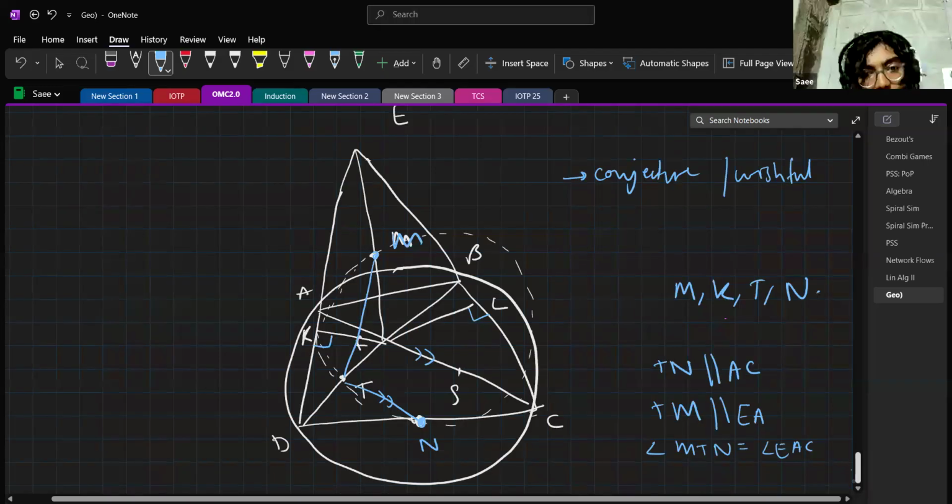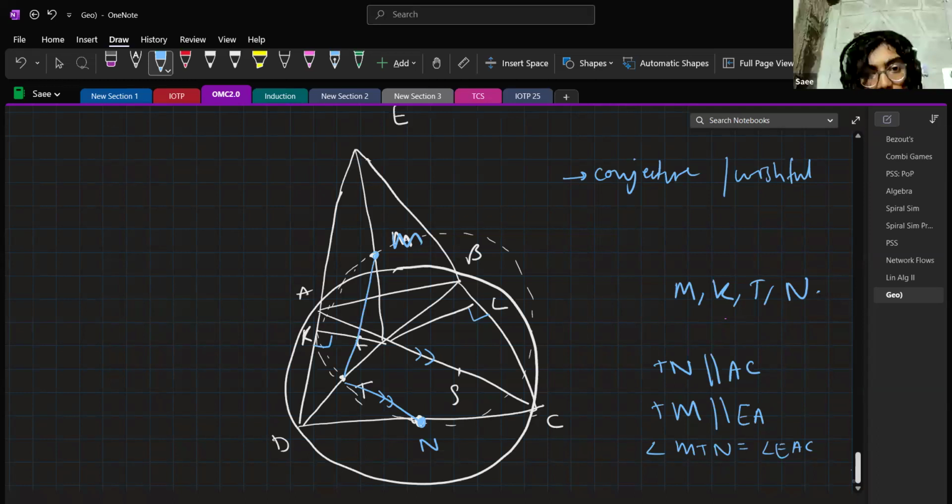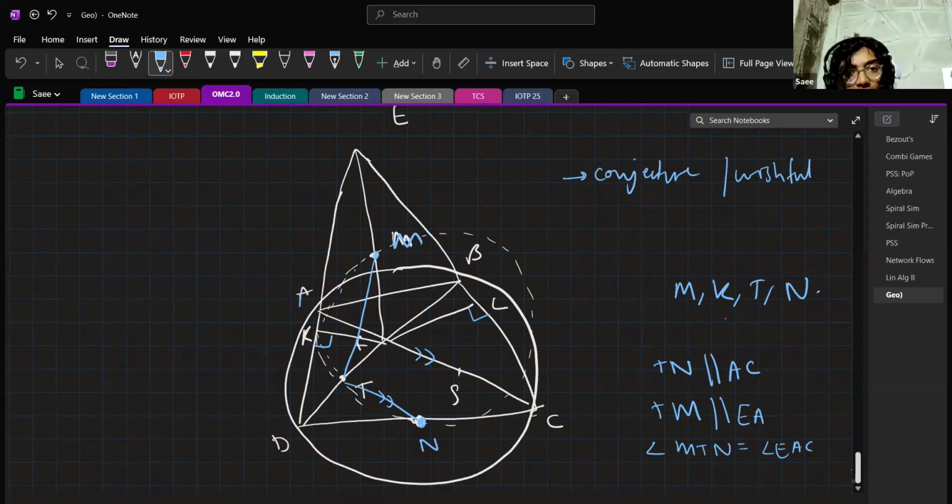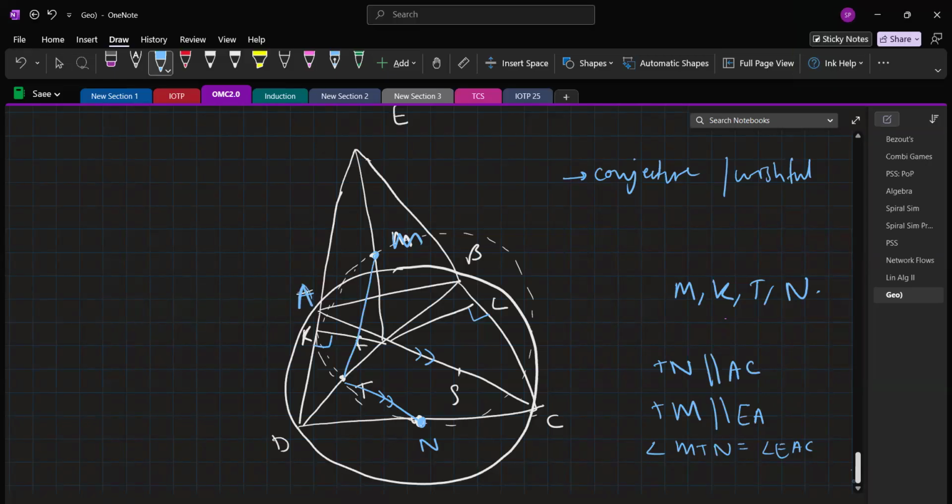Because TN is parallel to AC, MT is parallel to ED, which is like EA. Chasing angle MKN is still not that easy. Yeah, MKN does not look good.